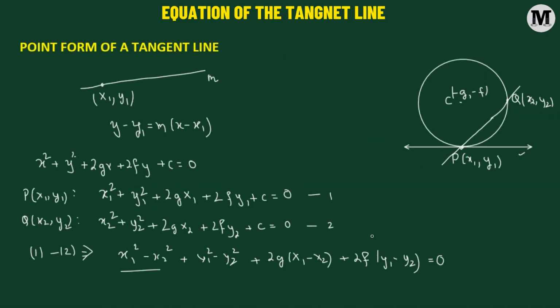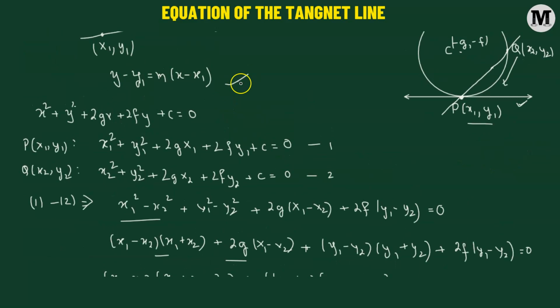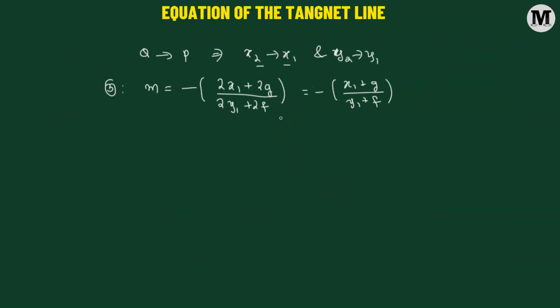Now, in order to find out the equation of the tangent line, we need the coordinates of point P, that's x1 comma y1, and we have obtained the slope of the tangent line. Of course, we started by finding out the slope of the secant line, but we considered that when Q approaches P, we can also define the slope of the tangent line. So we'll use this particular expression. That means the equation of the tangent line is going to be y minus y1 equals the slope.